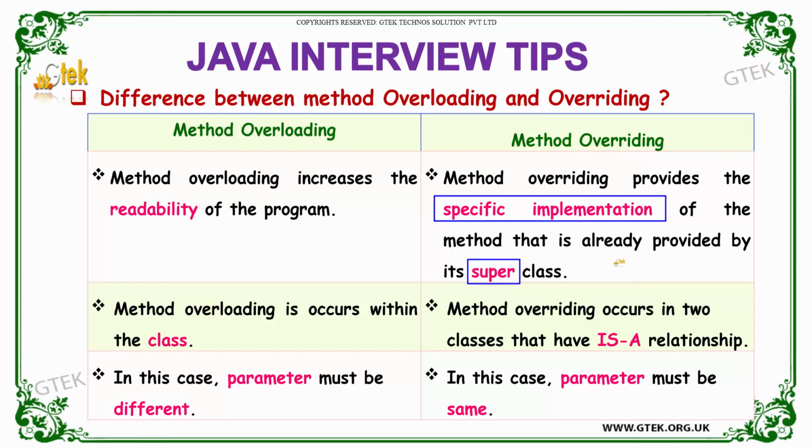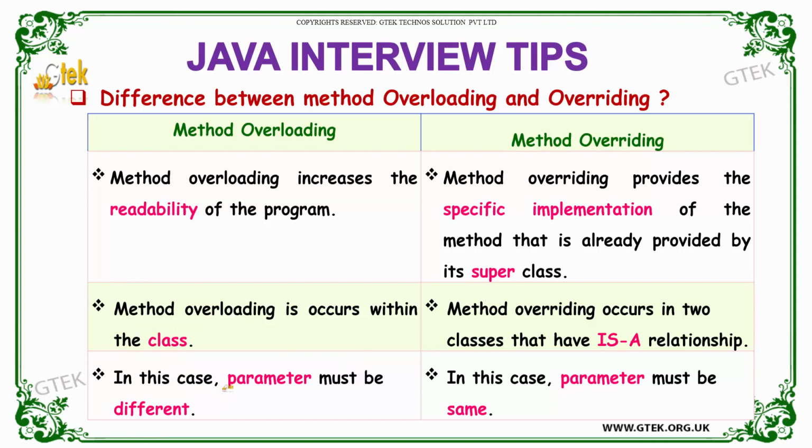The method will be already available in the superclass, and apart from that, if you want any specific implementation, that can be added in method overriding. Method overriding occurs in two classes, having an is-a relationship, that is inheritance, whereas method overloading occurs within the class itself.